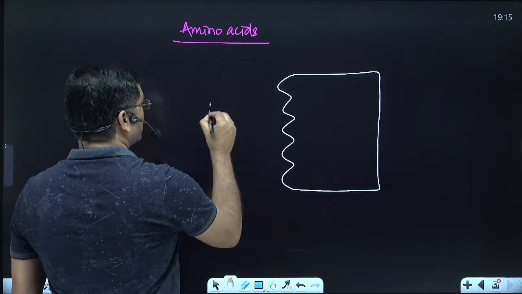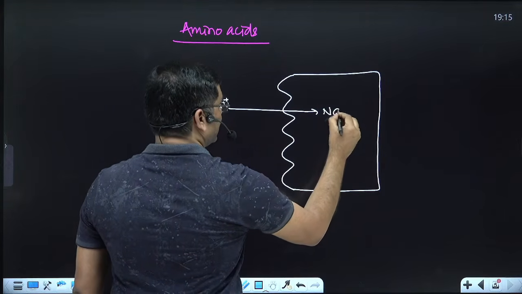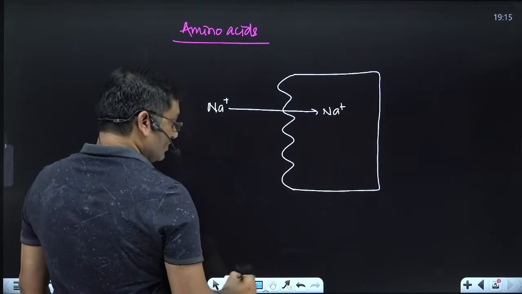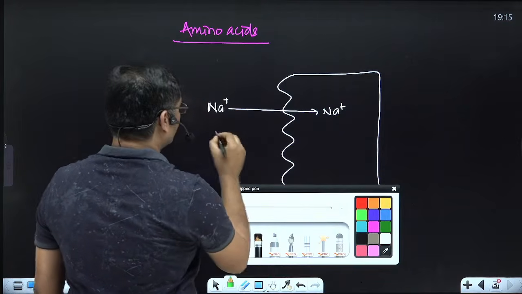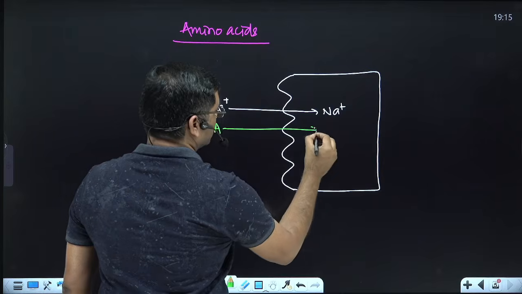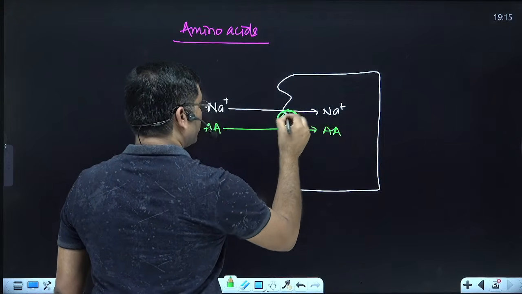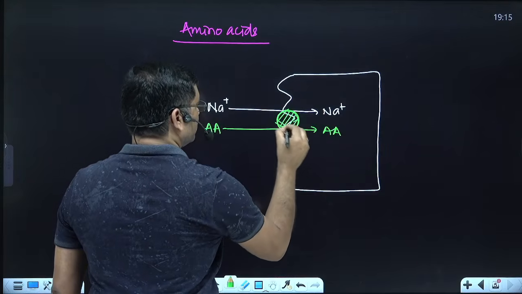So this is sodium. Sodium is absorbed inside the cell. Along with the sodium, there is absorption of L amino acids, with the help of transporter, with the help of carrier protein.